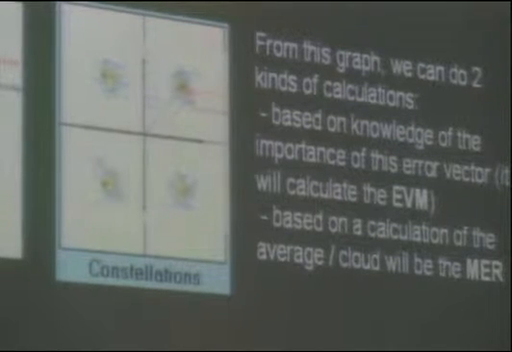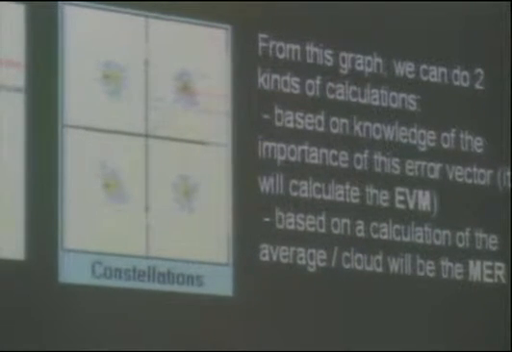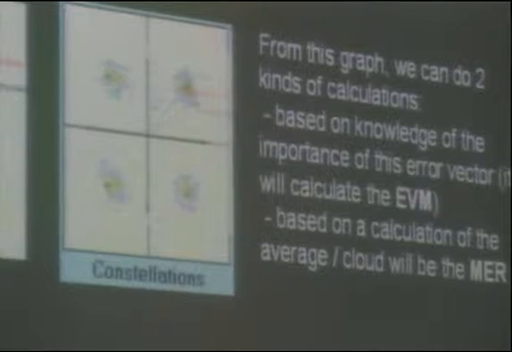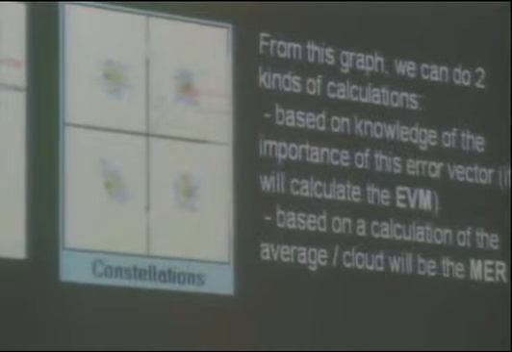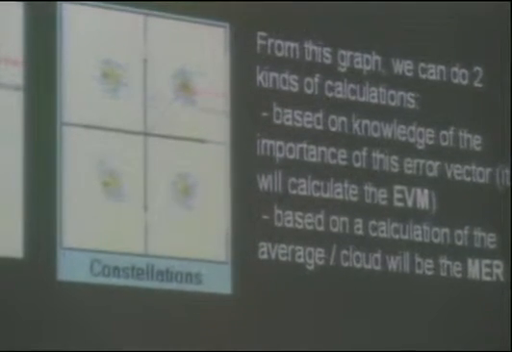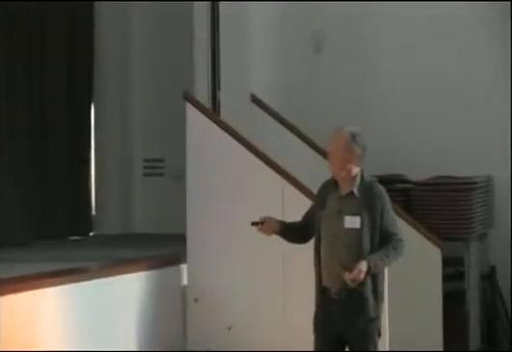So, MER, I like this value very much. It's in dB. It has nothing to do with analog dB, but it's in dB. And when I give a report with my friends near my city, we now use MER every time.